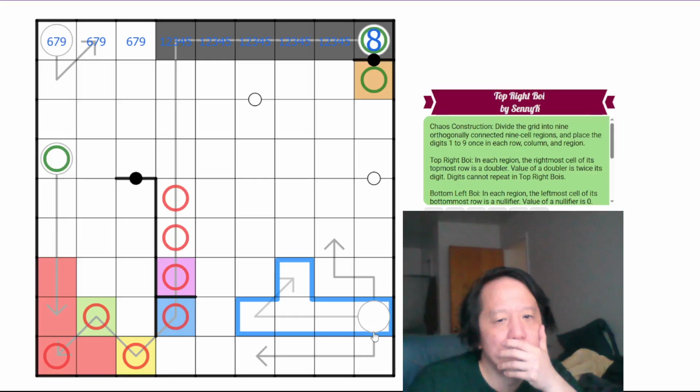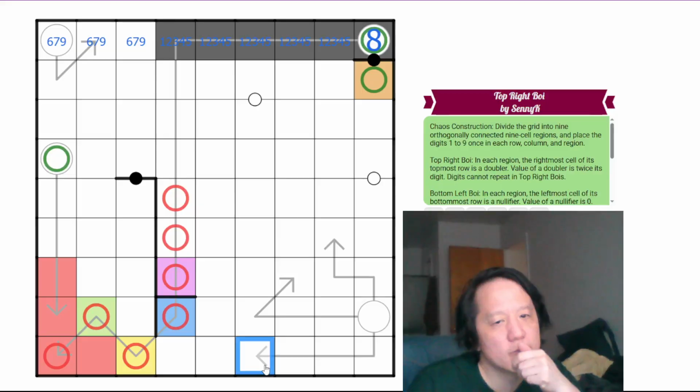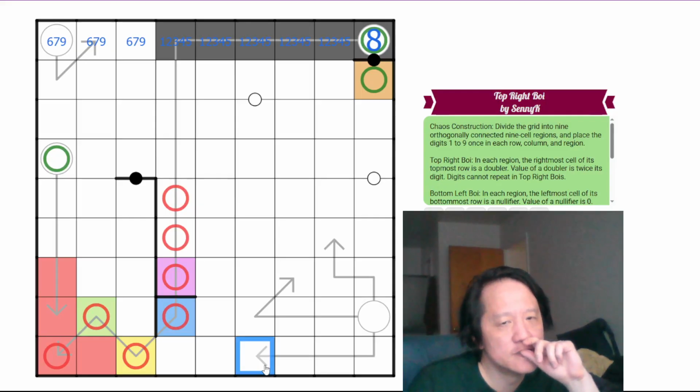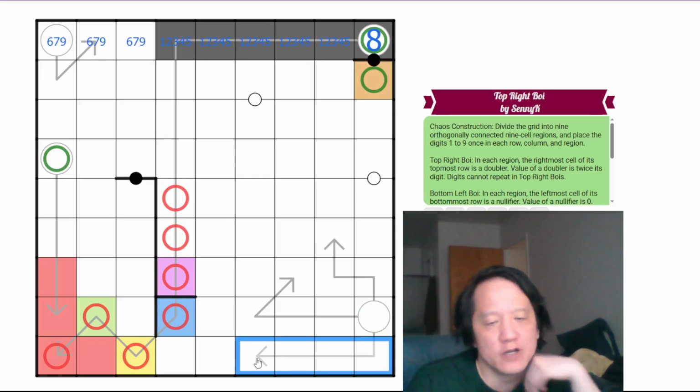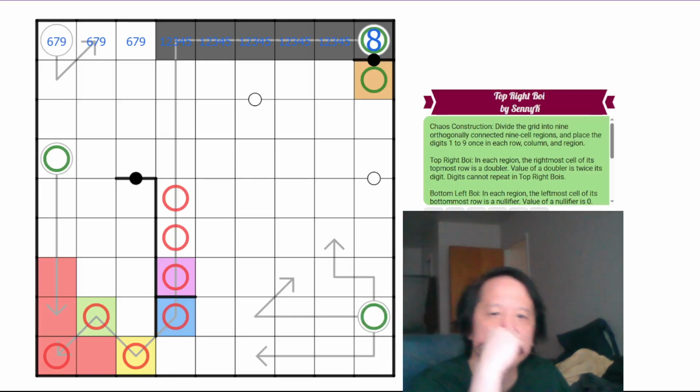Hmm. This, therefore, none of these are bottom left boys. So this also must be doubled. So that's doubled also.